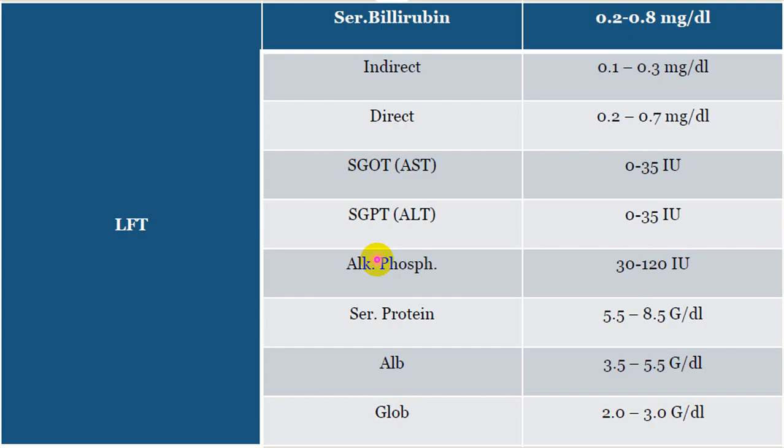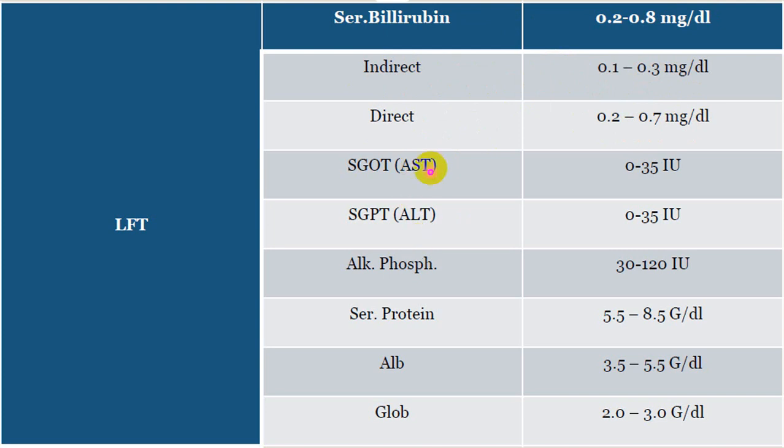Let's take a few points about liver function tests. There is serum bilirubin, which is normally 0.2 to 0.8 milligram per deciliter, divided into two parts, as we discussed in the physiology: indirect and direct, or unconjugated and conjugated. Indirect is mainly 0.1 to 0.3 milligram per deciliter, while the conjugated type constitutes about 0.2 to 0.7 milligram per deciliter.